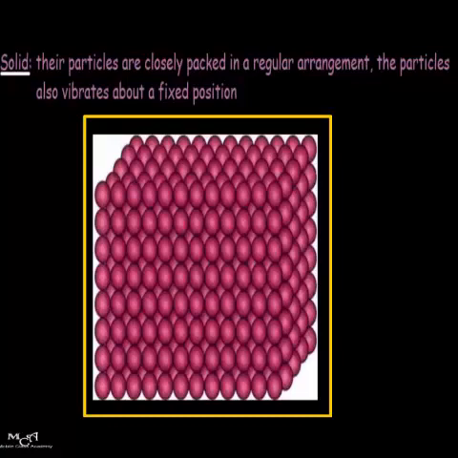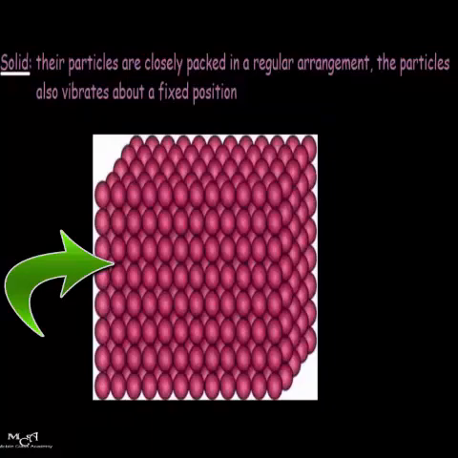You can see that their particles are close to each other, so that's why we say their particles are closely packed together. That's exactly what happens to your solid particles.